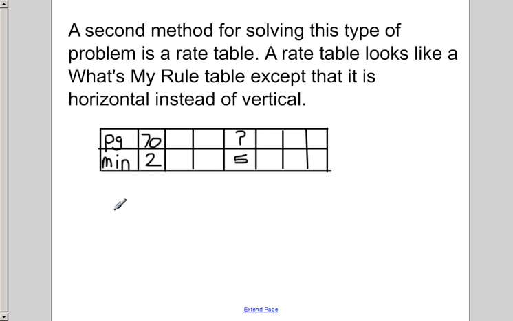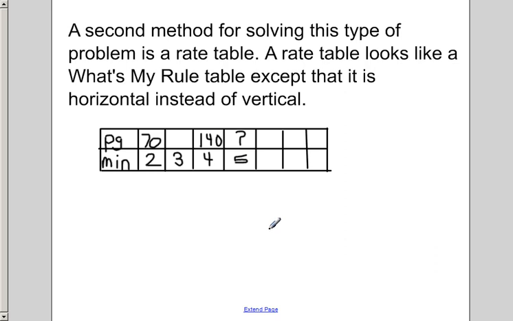So if we look at this, these are the number of pages, these are the number of minutes, and we label that. The numbers in the third column, 1, 2, 3, are going to be twice the numbers in the first column because these are going to represent minutes, 3, 4. So 4 is twice as many as 2, so 140 is twice as many as 70, okay?